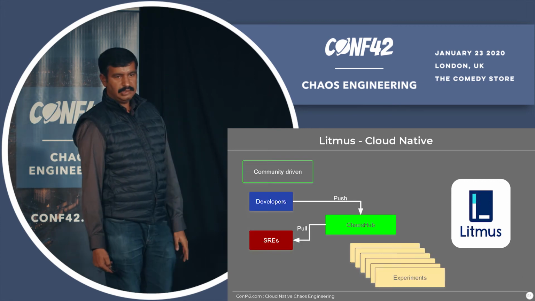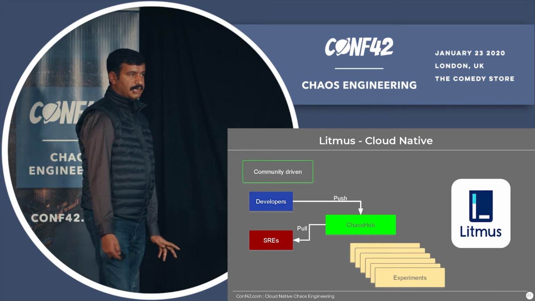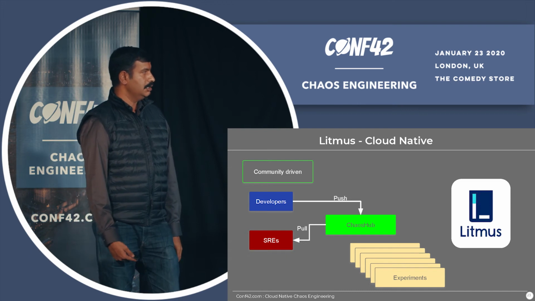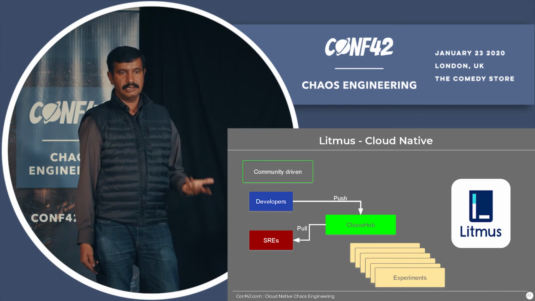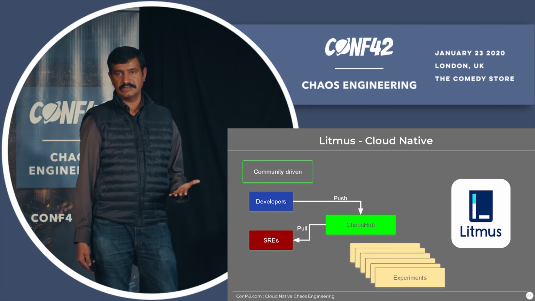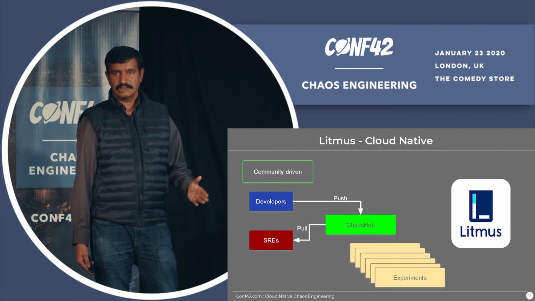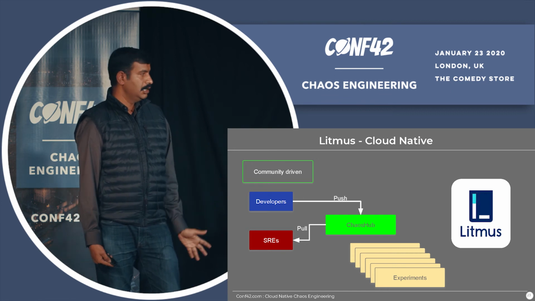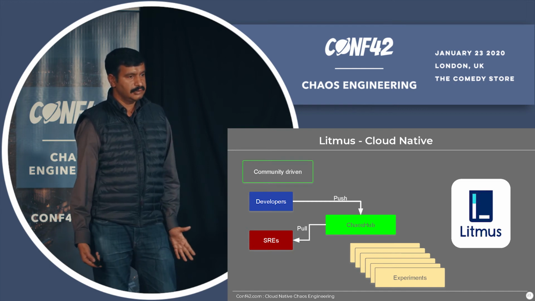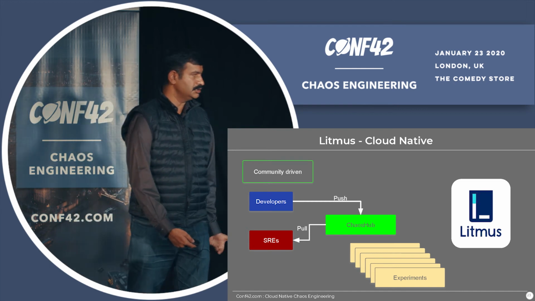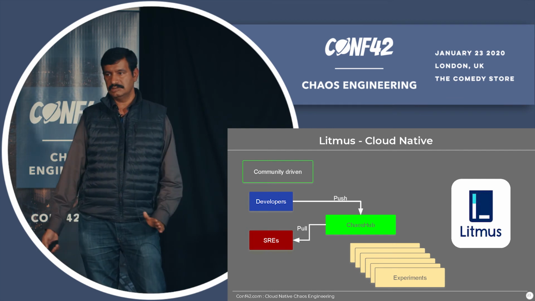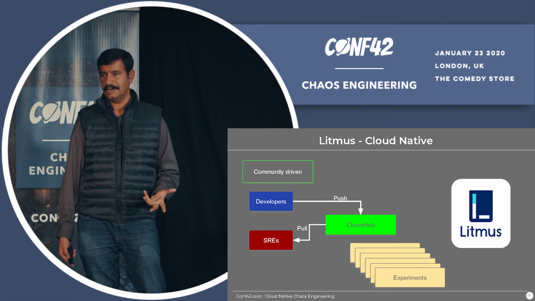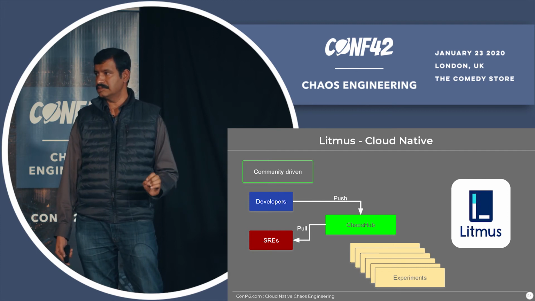It's community driven. What that really means is that we have something called Operator Hub, a ChaosHub. It's got a lot of experiments already. When you as a developer create a chaos experiment, and you want it to be used in production or pre-production by your users, you push it into your ChaosHub, and your SREs, whoever is practicing chaos engineering, pull these experiments and use them. Imagine if Andrew had pushed that experiment; you just create a YAML file, put in some key-value pairs, and it runs.